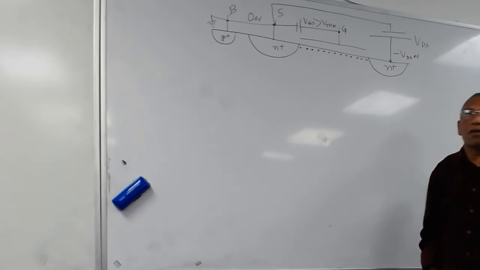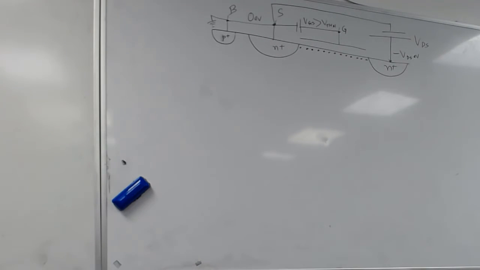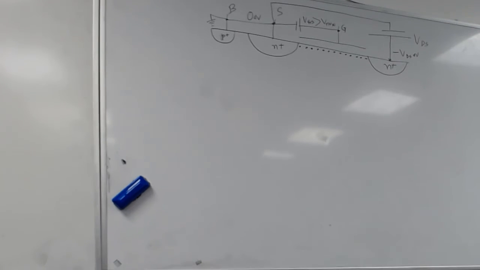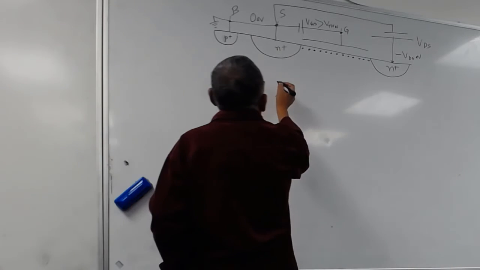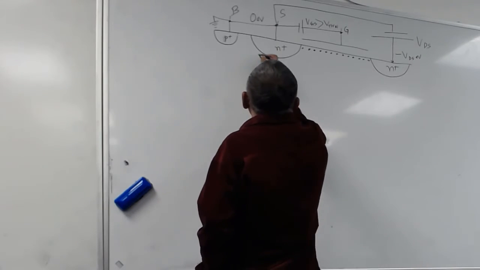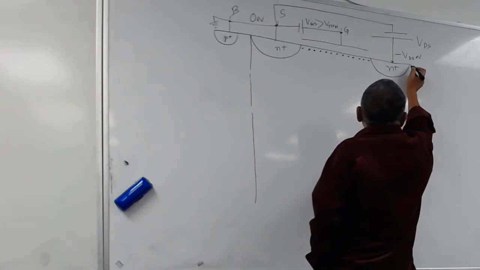The energy here. So how are you going to draw it? Very simple. Now what you have to do is that this Fermi level here is at 0 electron volts, and here it must go down. So you draw like this.